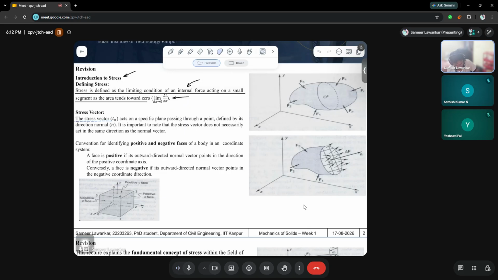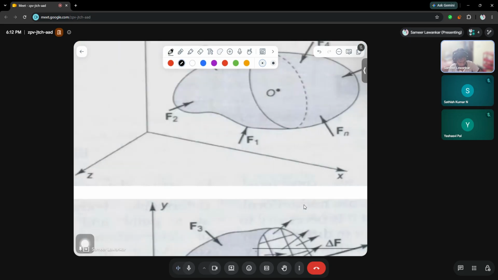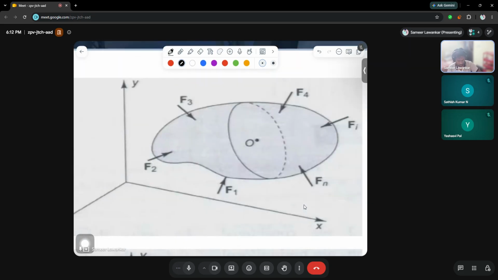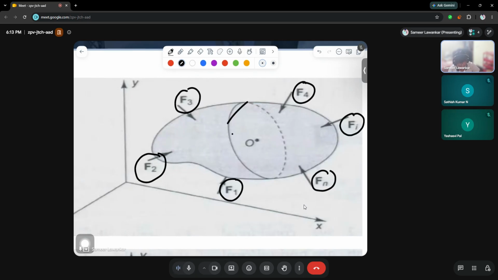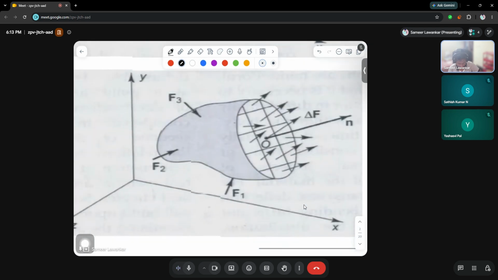The stress vector Tn acts on a specific plane passing through a point, defined by its normal direction n. As you can see in the figure, let us suppose this is a body on which several external forces are acting. Let us suppose we are slicing this particular section. When we divide this and look at the internal part of the body, it would look somewhat like this.